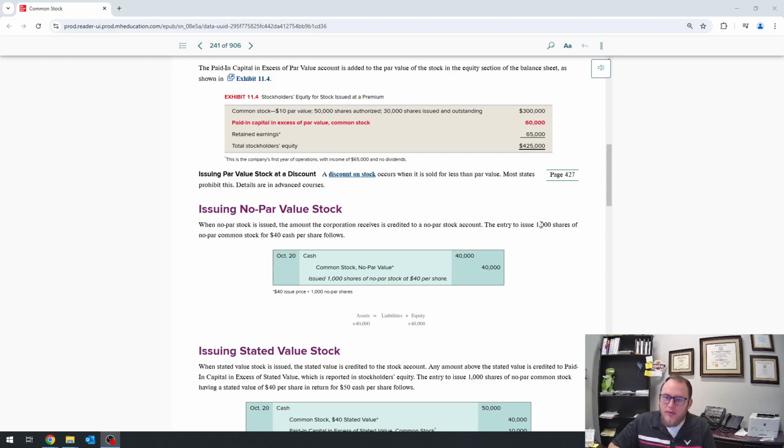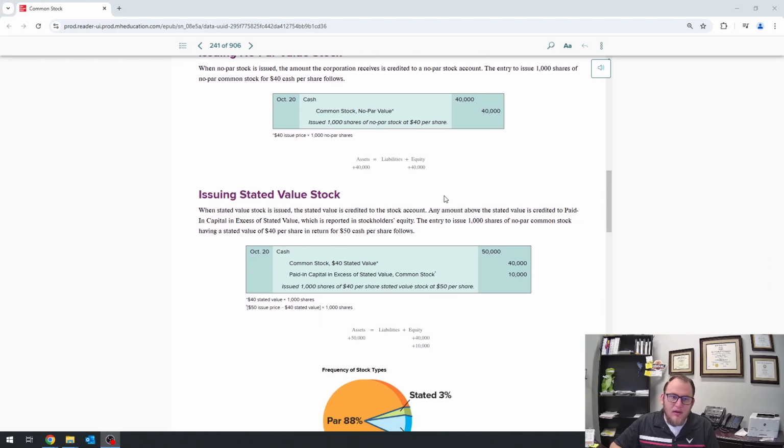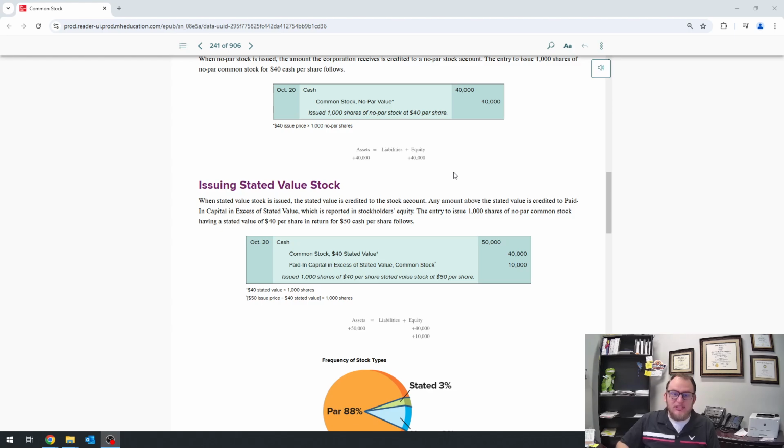So here we issue 1,000 shares of no par common stock for $40 each. That'd be $40,000 in cash coming in. We would debit our cash for $40,000, and then credit our common stock with no par value for that $40,000.